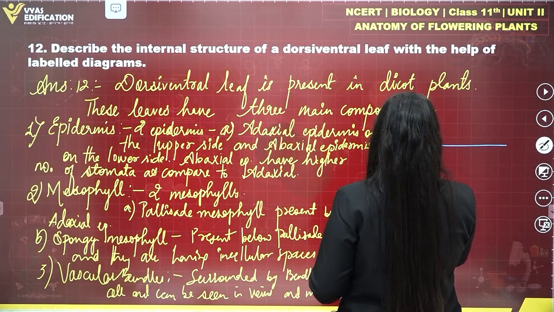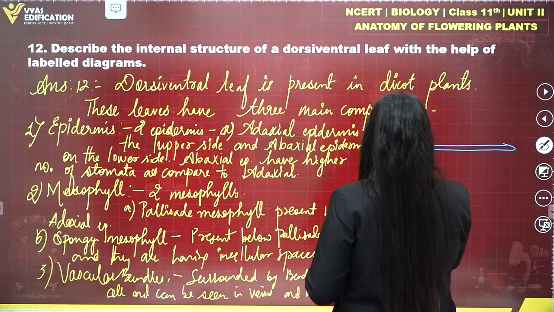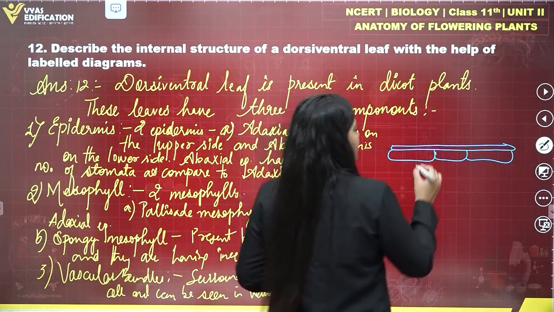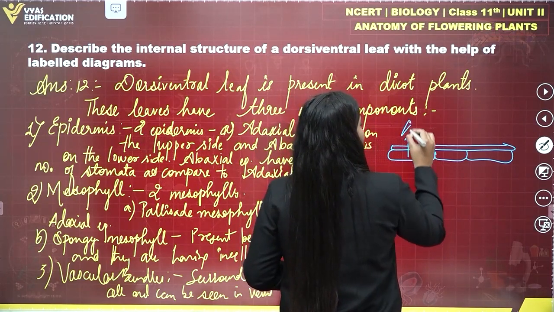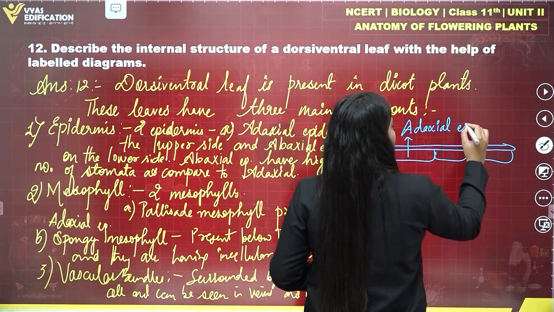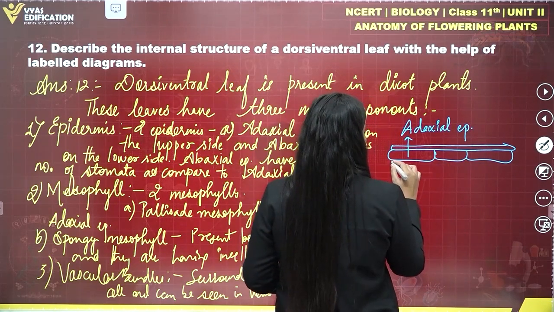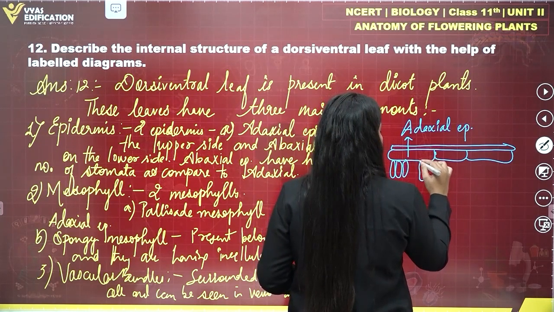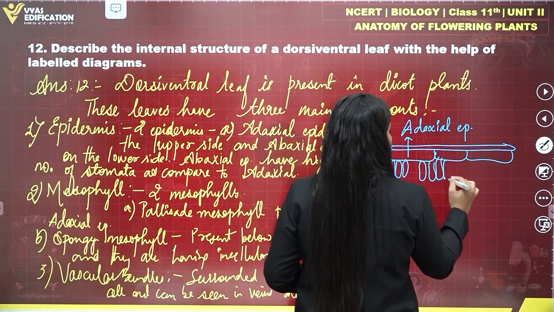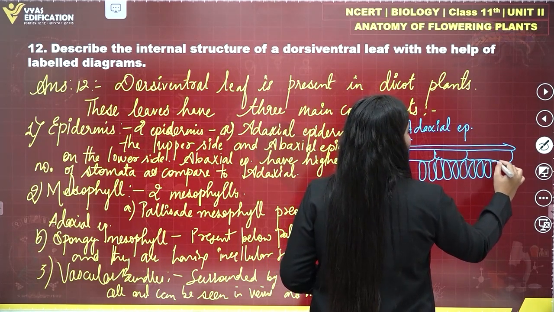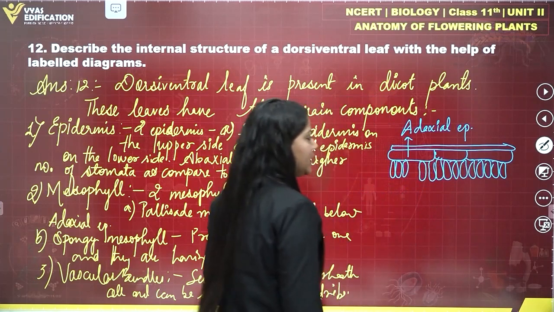This is your first, adaxial epidermis. Then we have palisade mesophyll cells like this, which are just below the adaxial epidermis.